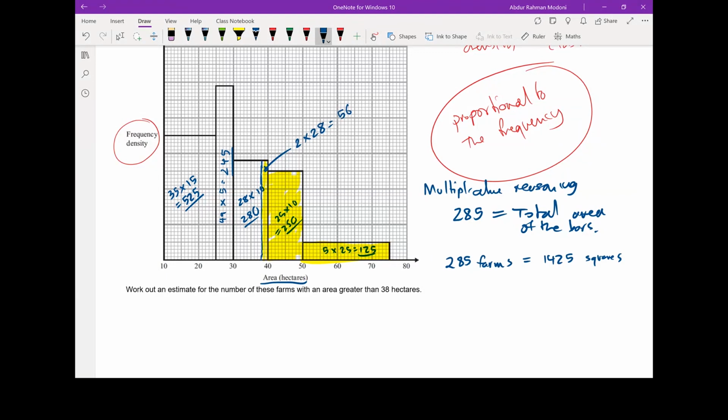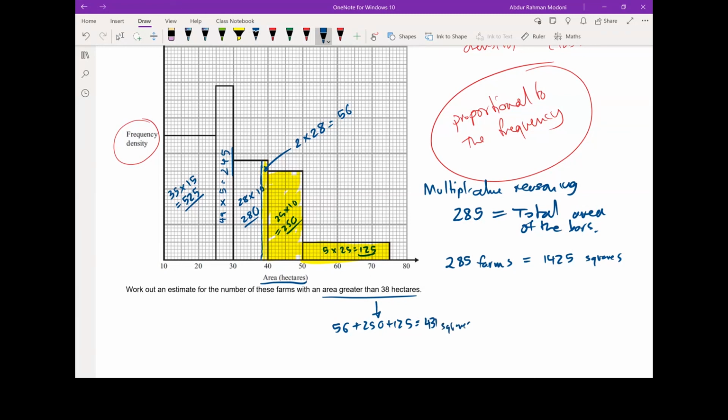In total, the yellow region, which is the area greater than 38 hectares, is 56 plus 250 plus 125, and that gets us 431 squares.